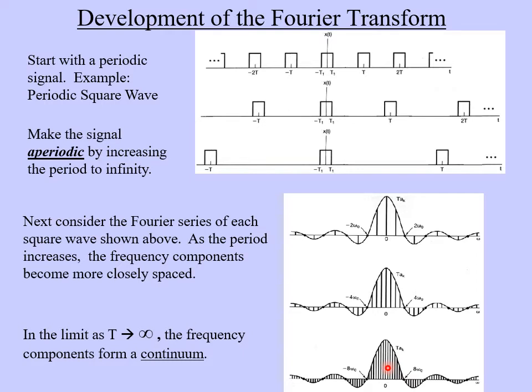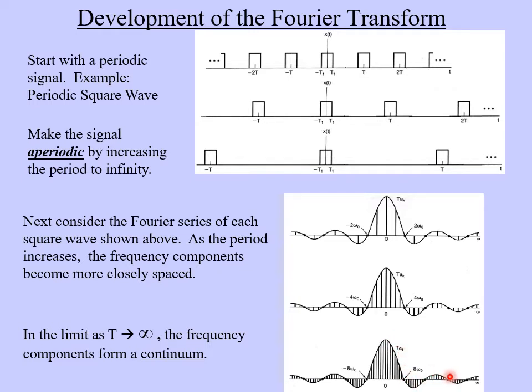They're really bunching together. In fact, if we take the separation all the way out to the limit of infinity, these frequency components become so crowded together that they're basically touching, and they form a continuum of frequency components, which is represented by the solid line, the envelope of these frequency components.